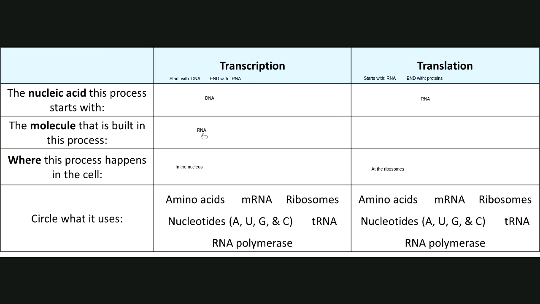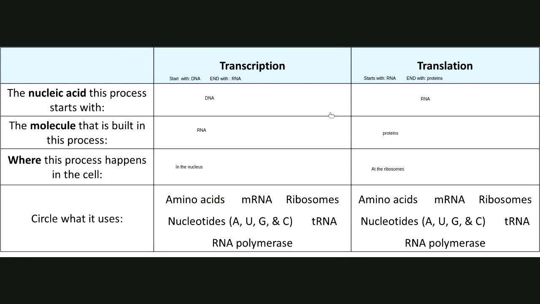When we get over here to translation, though, we kind of already filled this in our box above too. At the end of translation, we've actually built proteins. So proteins aren't an information molecule anymore. Everything with transcription, we're information molecules, right? But when we do the process of translation, we end up with a functional protein, something that does a job in the cell.